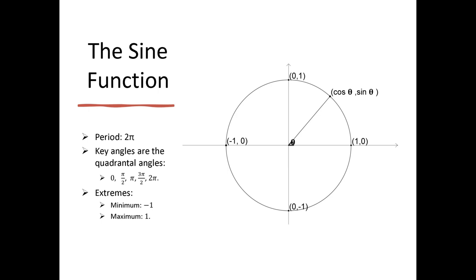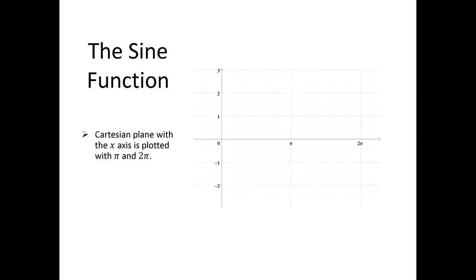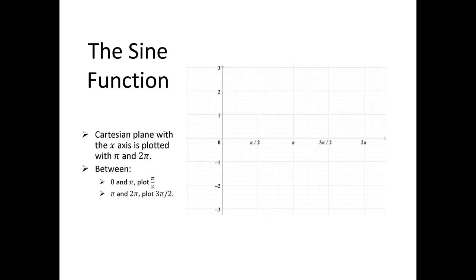Using these observations, we can plot the graph of our sine function. To start with, let us draw our Cartesian plane with the x-axis plotted with pi and 2 pi. Then locate further the two angles, pi over 2 and 3 pi over 2. Next, we have to plot the points at which the sine function is 0.